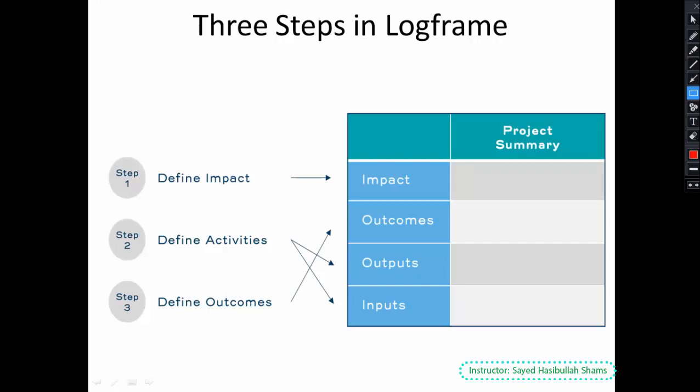The activities are input and outputs. And finally, the third step is to define outcome. Outcome is not the second step, it is the third step. Why, we will learn in the next slide. But why is the outcome the third step, not the second step?